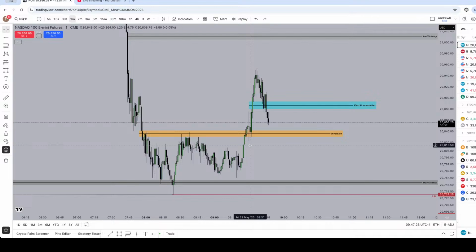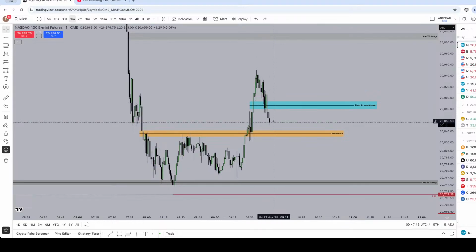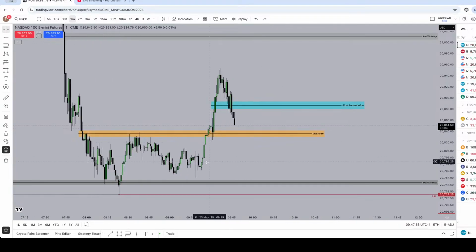let me see something. This is going to be pretty important right here. So we're going to see. I like that we stopped short of it in here, but we have these equal lows down here as well. Let me see.